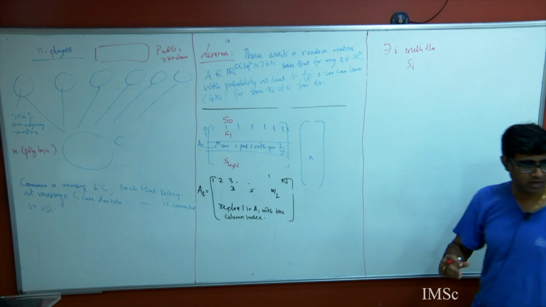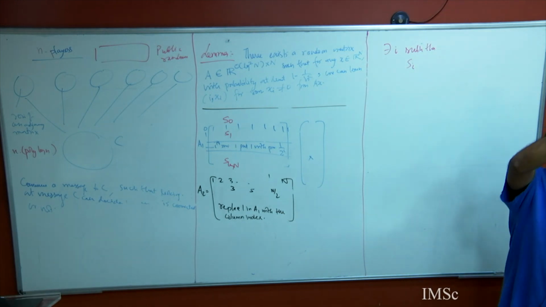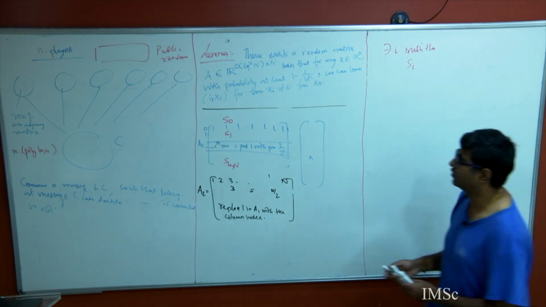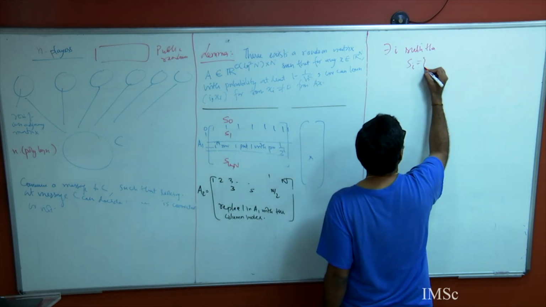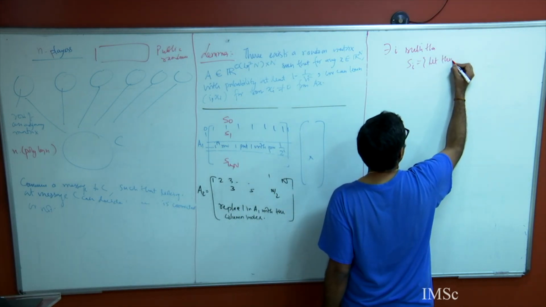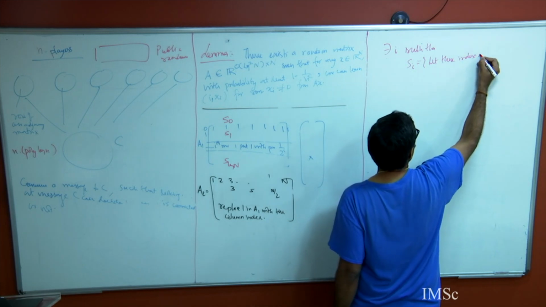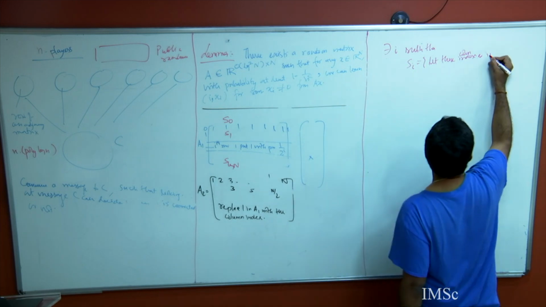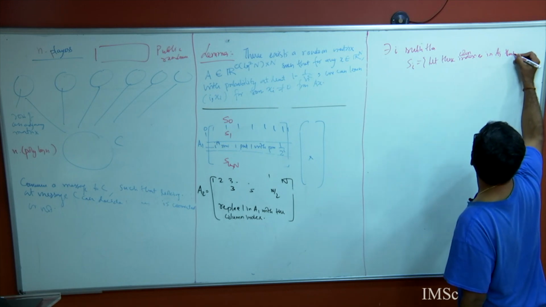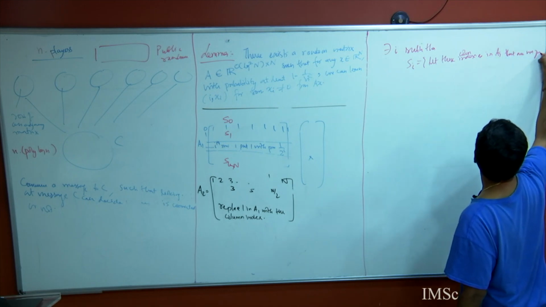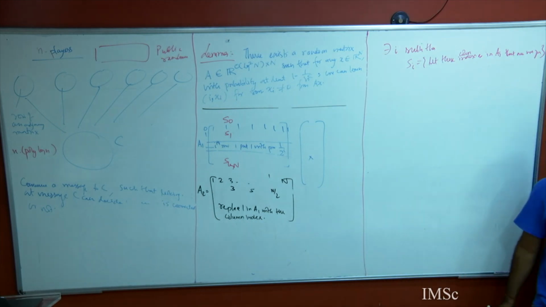Look at Si. I can think of Si as the indexes where it is 1, that is, the column indexes in Ai that are non-zero. Suppose I can find such an Si.